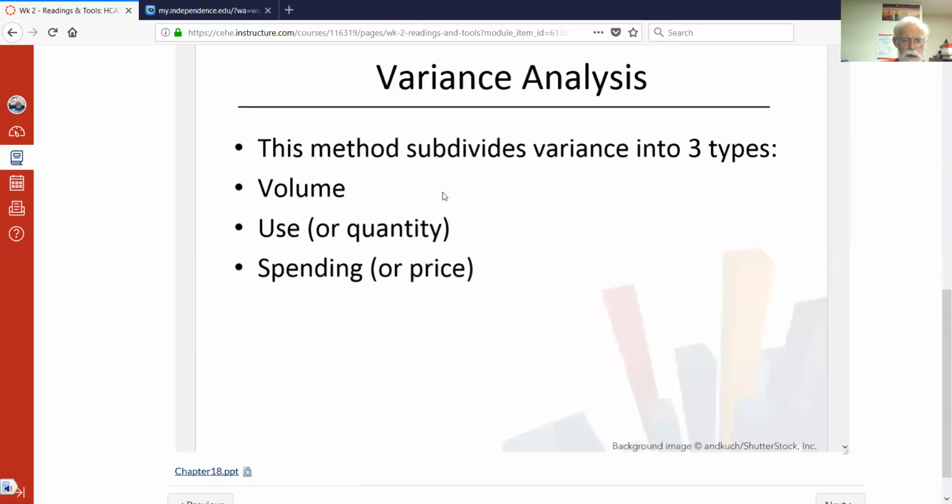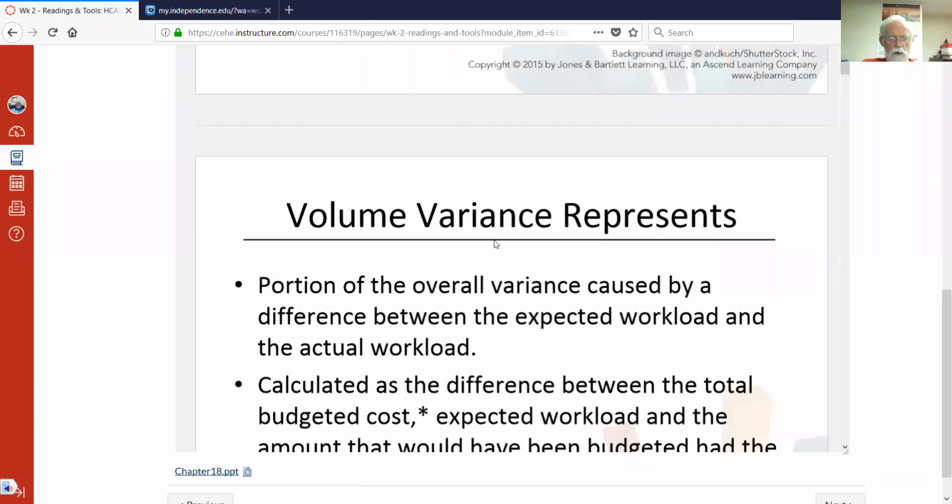And we can look at volume, meaning how many of some quantity has been used, or how much material has been used, and what's the variance here, spending, or the units that we've done.